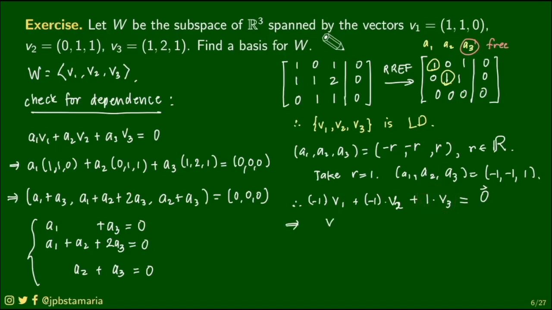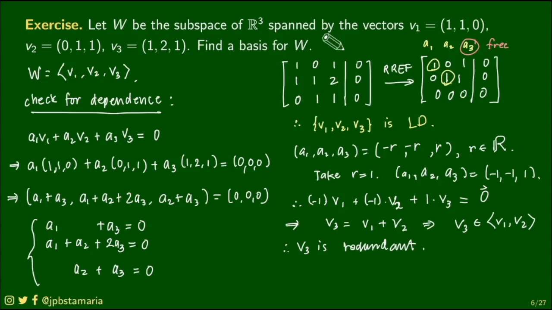In this case, V3 is V1 plus V2. In other words, V3 simply lies in the span of V1 and V2. Therefore, V3 is redundant.